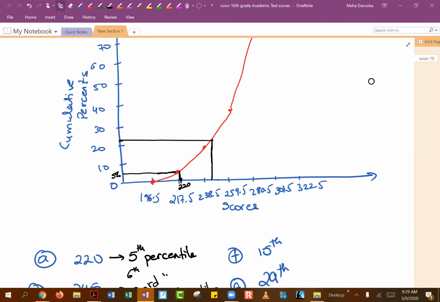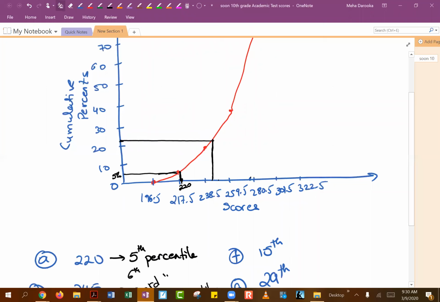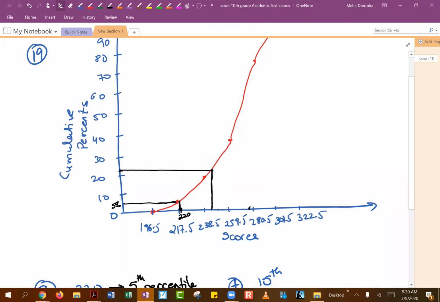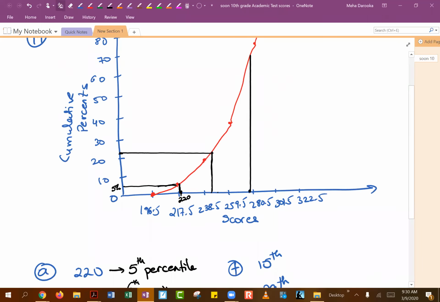Okay, so 276 would be really close to that 280.5. So if we try to do this on our graph, pretty close to that 70 mark is what it looks like.